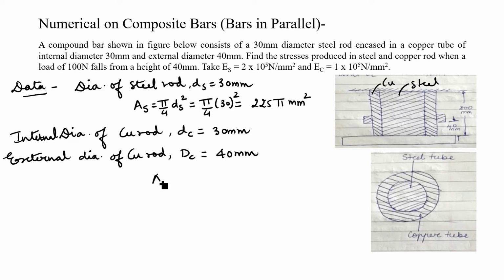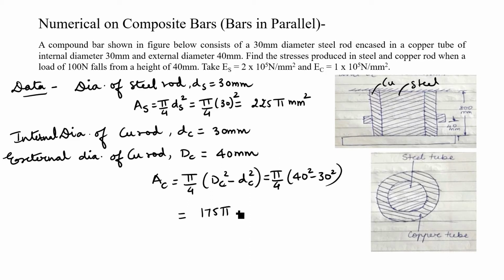So the area of copper rod will be pi by 4 into capital DC square minus small dc square. So this will be pi by 4 into 40 square minus 30 square. On solving this, I obtain 175 pi mm square.